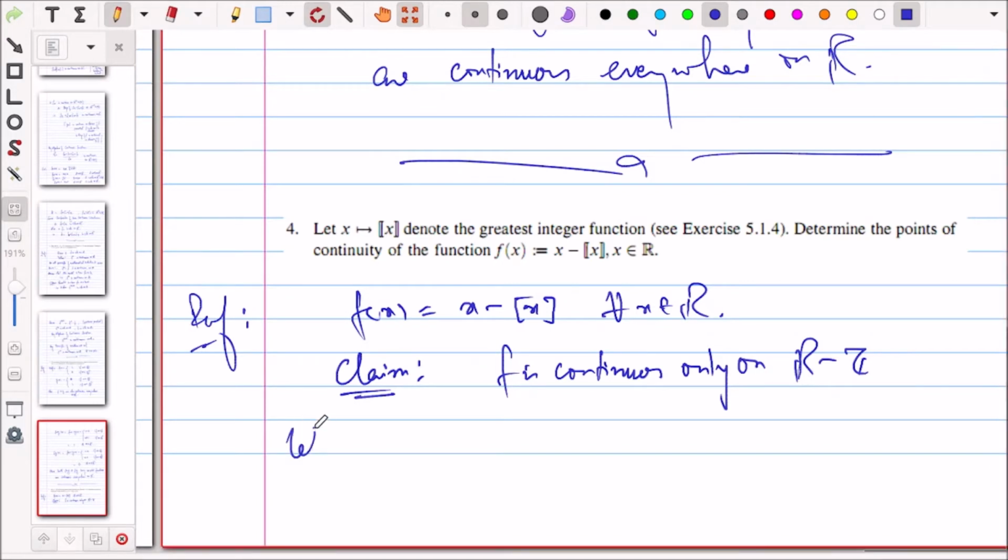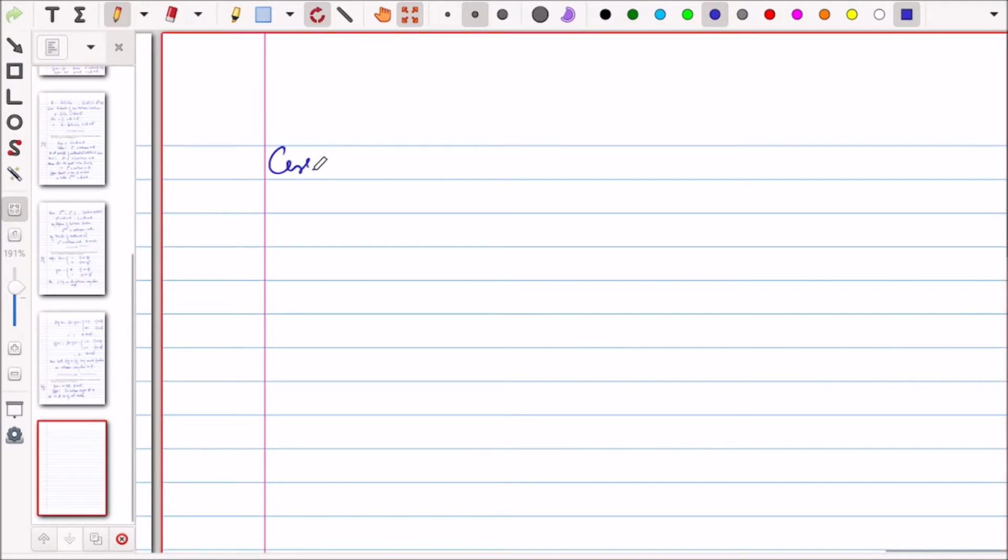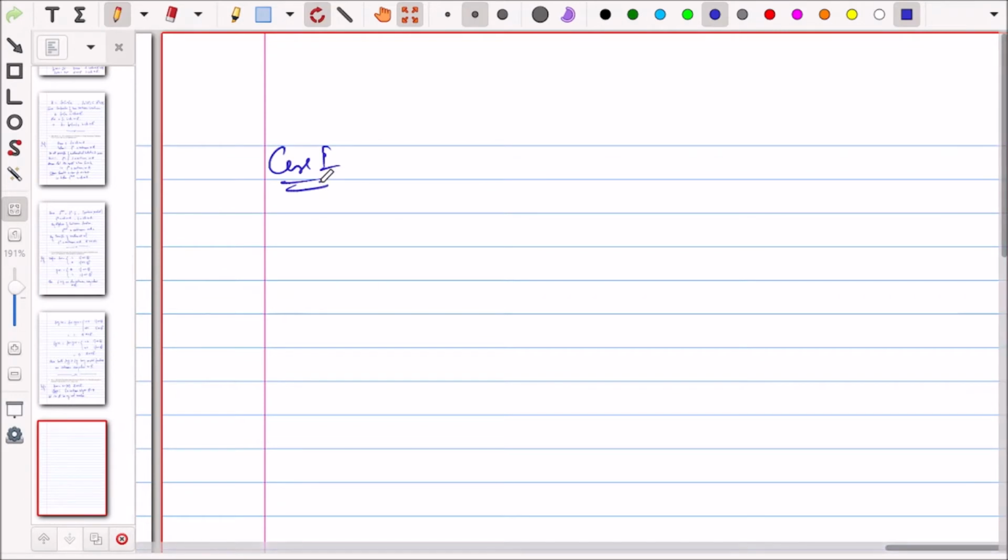So let C belong to R be any real number. We will show that if C is, case 1, C belongs to R minus Z, we have to show that the function is continuous at this point. So we will take any arbitrary epsilon.